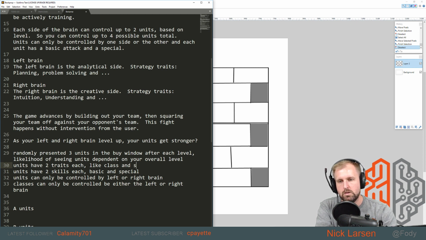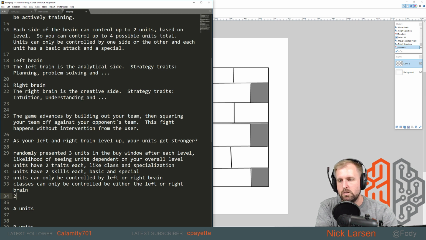And specialization. Specializations have to be on either side. Two units with the same specialization.